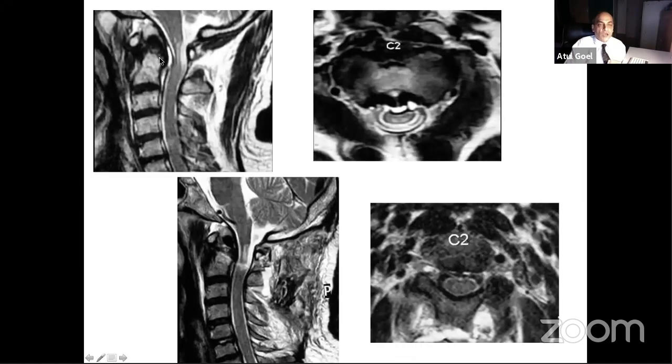I had told you that this retro-odontoid cyst formation is also a natural protective mechanism, a cushioning of the cord. You do fix from behind. Chiari malformation is cushioning from behind. This is cushioning from front. And when you do fixation, this cushioning is no longer necessary.